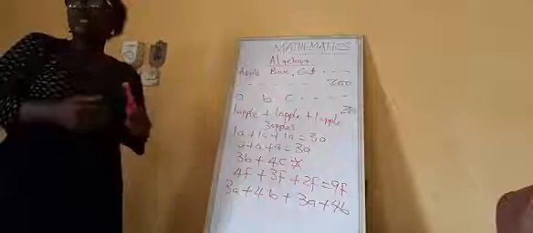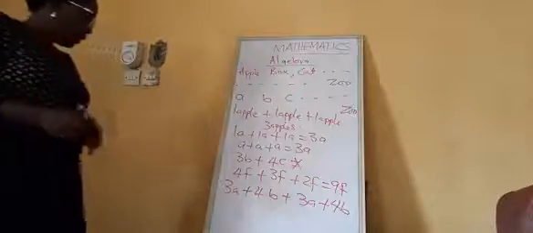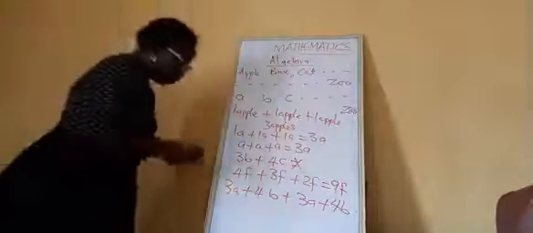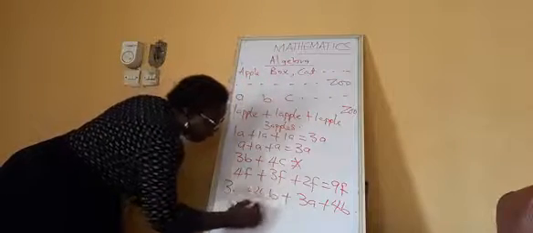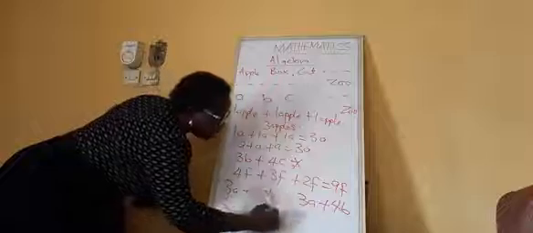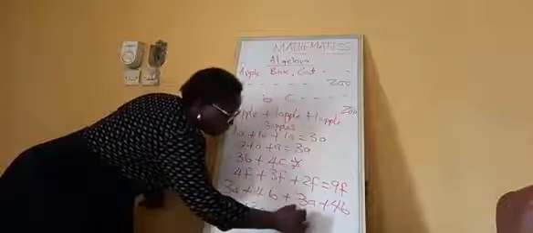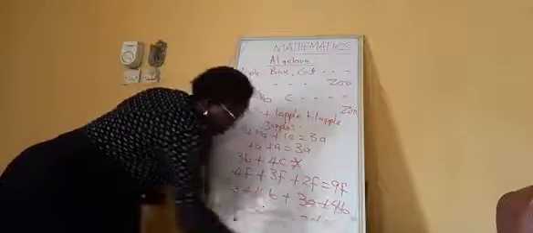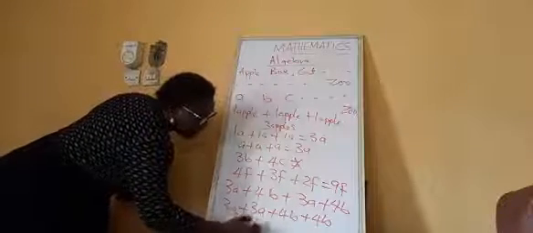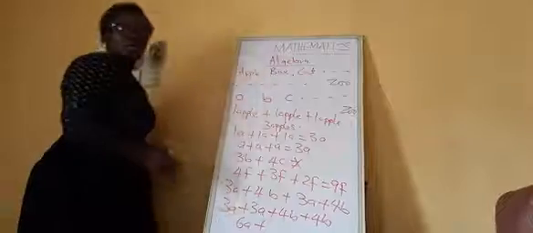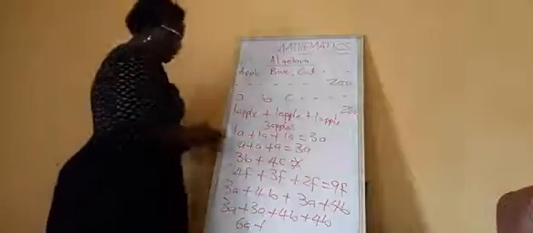That is, you group them according to their family. Here you have 3A. Then the next one is 4B. Then you have 4B. So when you have 3A and 3A, you get 6A, then plus 8B.